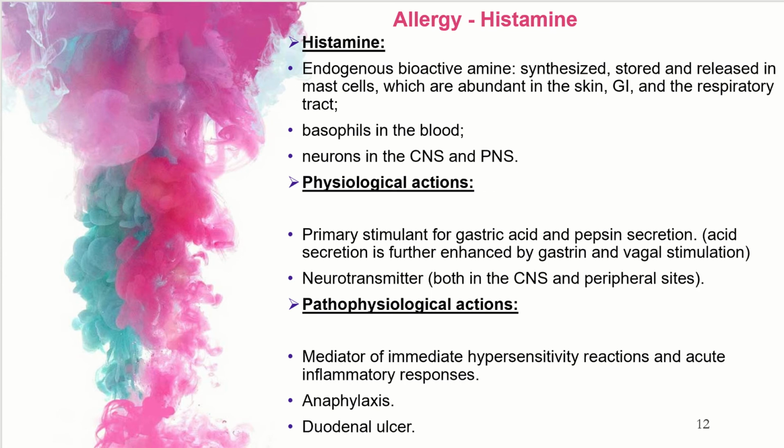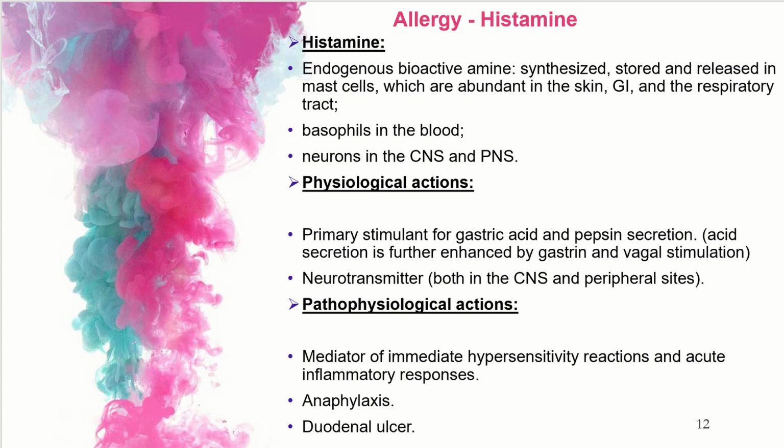All right, so for allergy, what is an indication is histamine production, right? So histamine is actually an endogenous bioactive amine, and you should know what all of those words mean, which is biosynthesized, stored, and released in mast cells, which are abundant in the skin, GI, and respiratory tract.